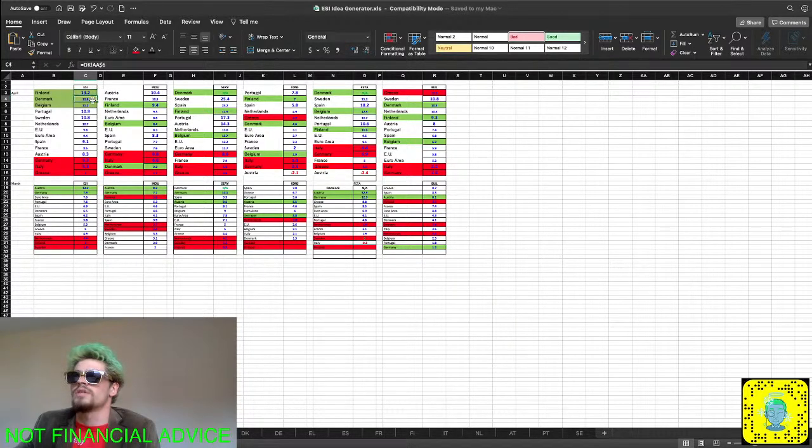So it will tell us just how well each country did in total that month, how well that country did as an index. But then also it'll tell us how different industries in that country did that month.